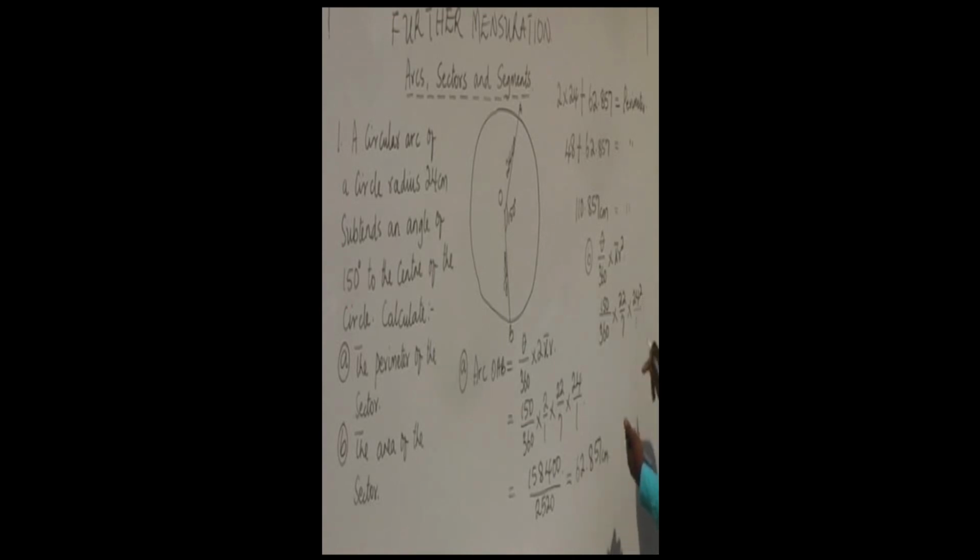Start from here. 24 times 24 gives us this value, then times 22 gives us this value, times 150.